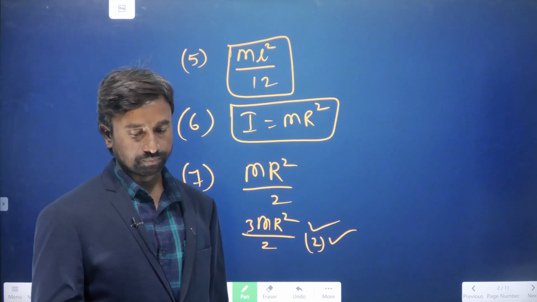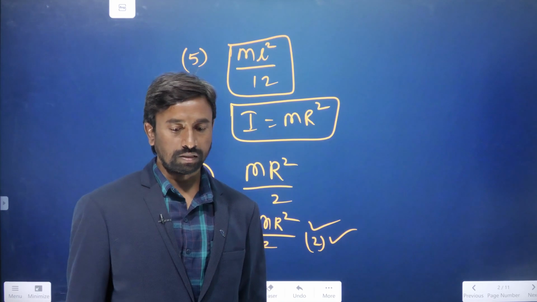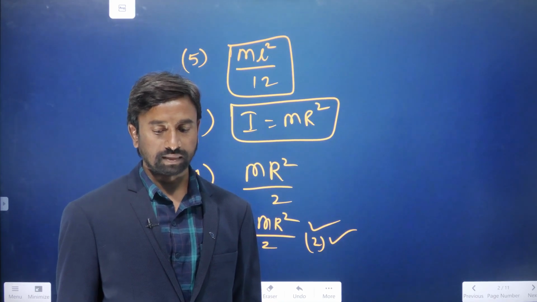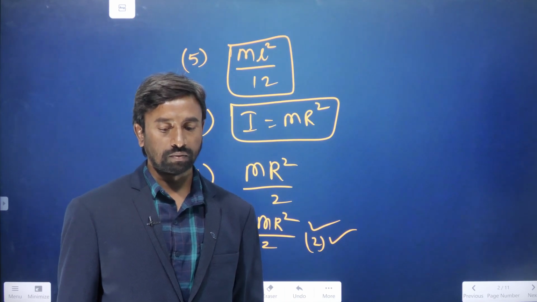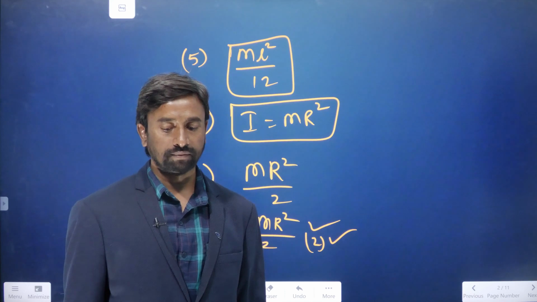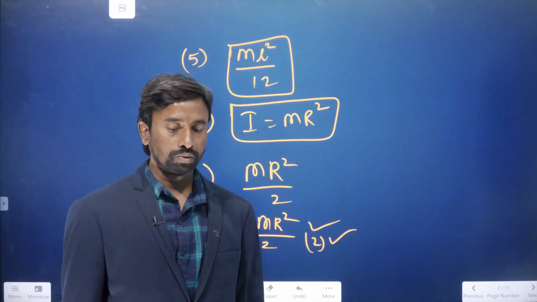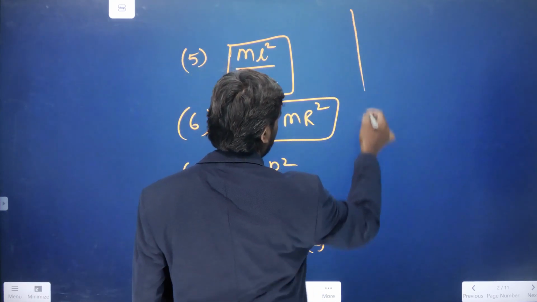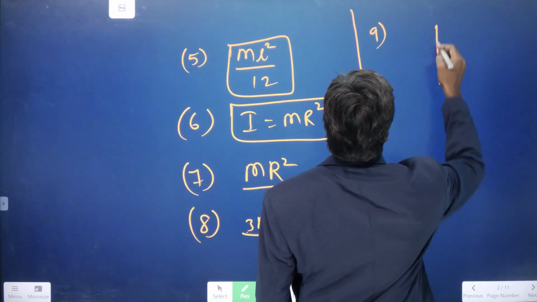Now the ninth one. The moment of inertia of a square plate ABCD of uniform thickness about an axis passing through its center O and perpendicular to the plane of the plate. So the moment of inertia about this, the ninth one, of a square plate they are asking there.